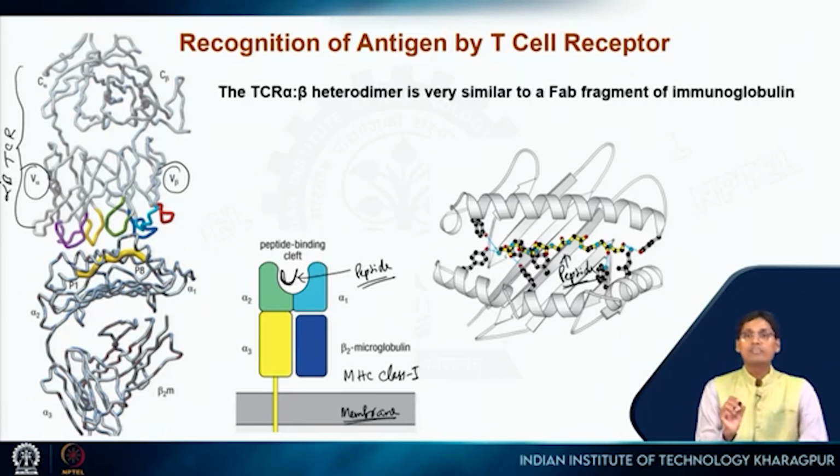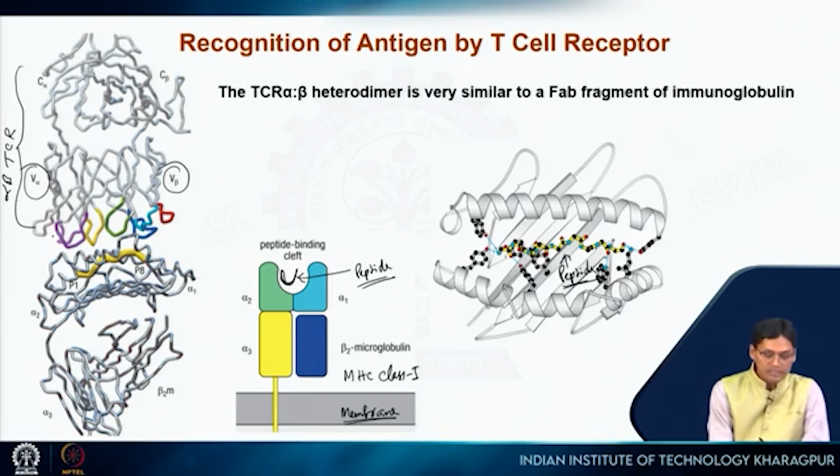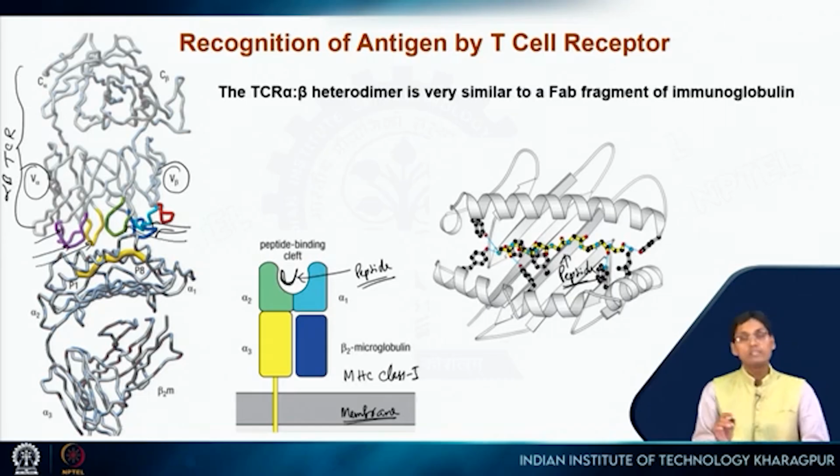Just like the variable region of antibody, here also you have 3 complementarity determining regions, the 3 hypervariable loops. Similarly here also 3 loops are present. So these loops bind to the peptide which is being presented by the MHC.